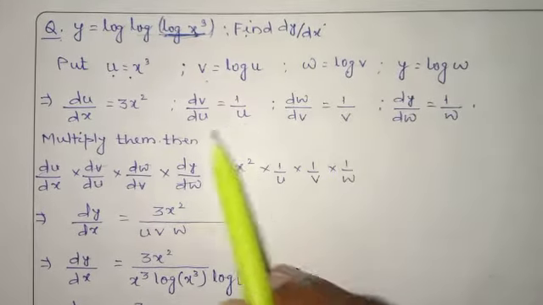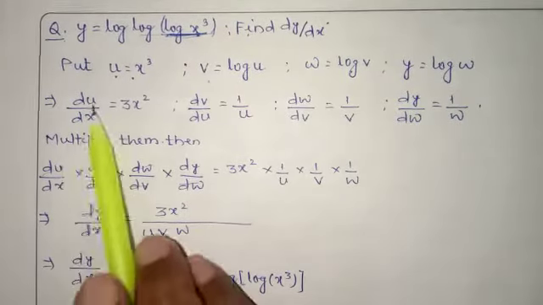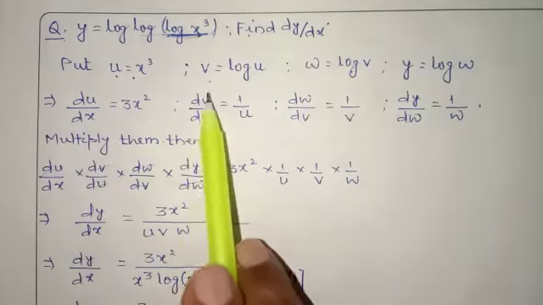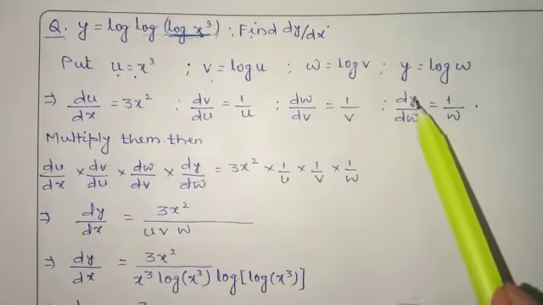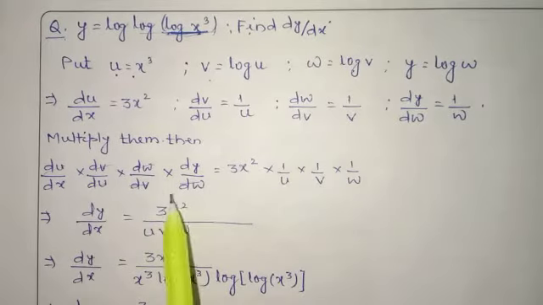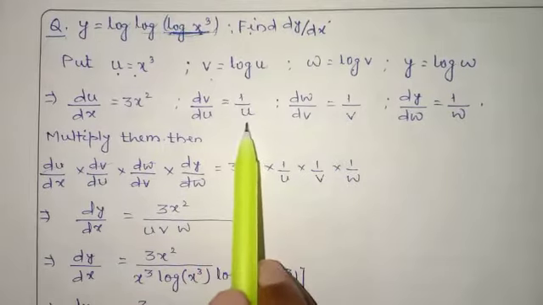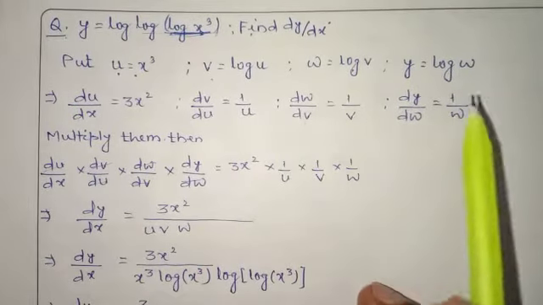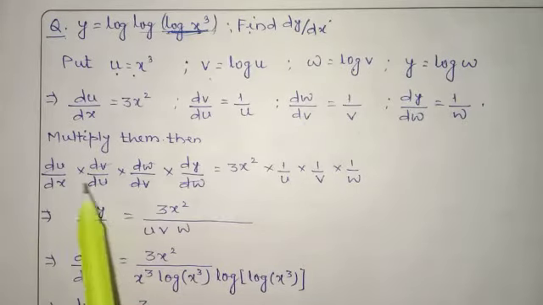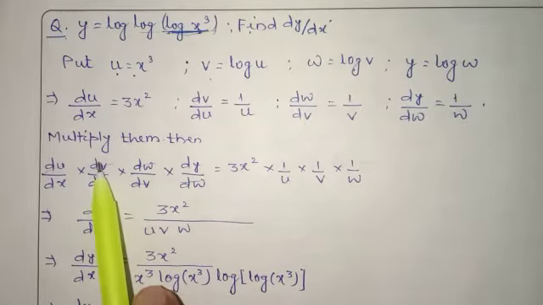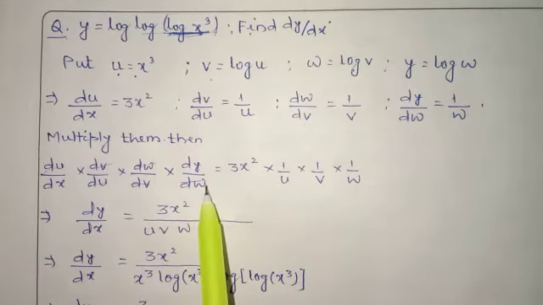Now multiply each of them. On the left side, du by dx multiplied by dv by du multiplied by dw by dv multiplied by dy by dw. And on the right side, 3x square into 1 by u into 1 by v into 1 by w. On the left side, du and du cancel, dv and dv, and finally dw and dw cancel.